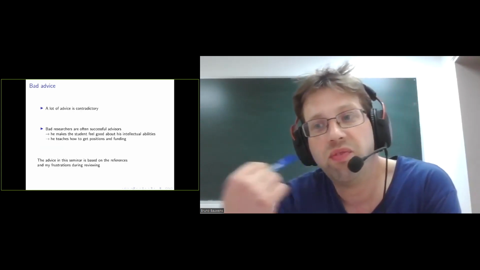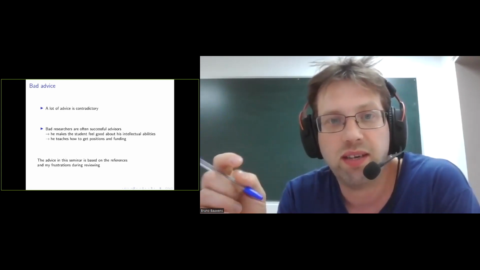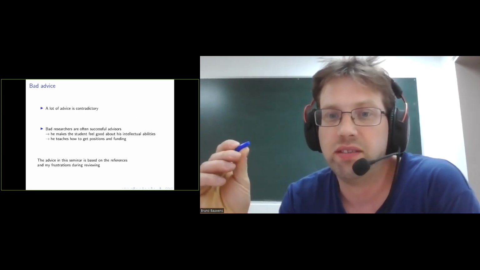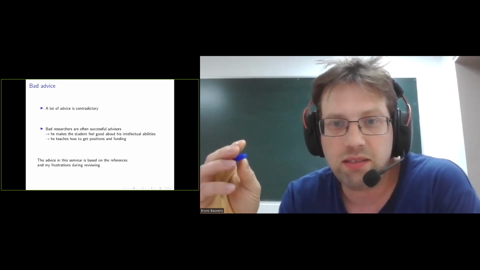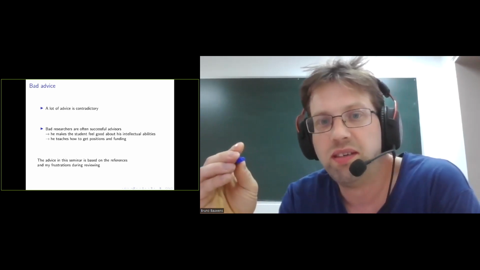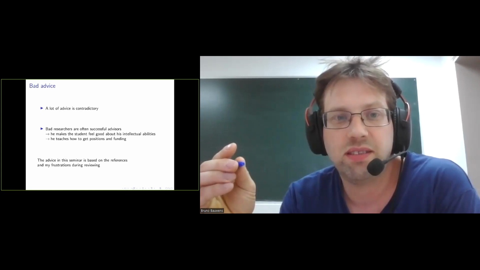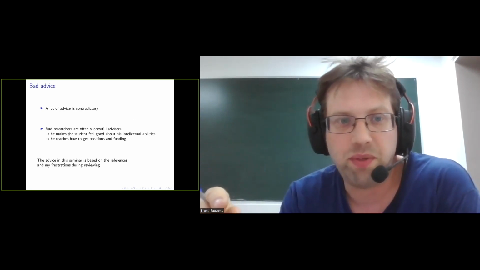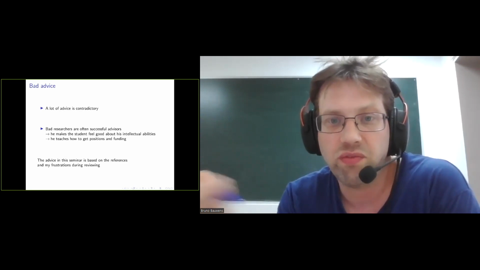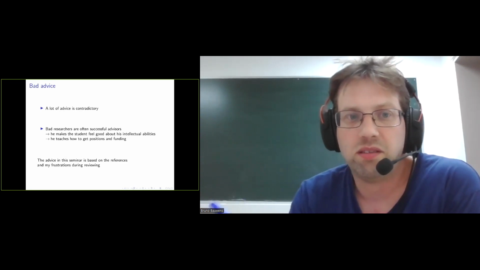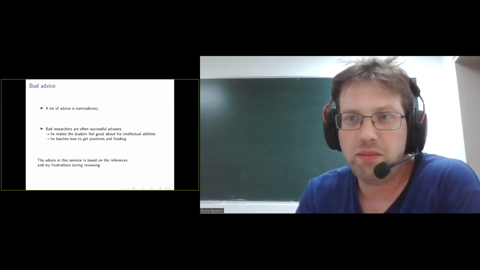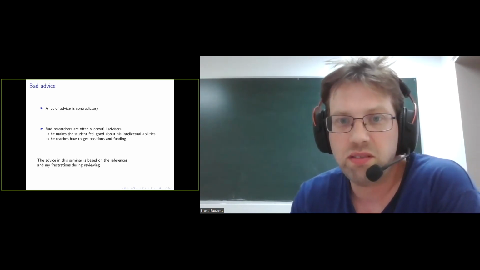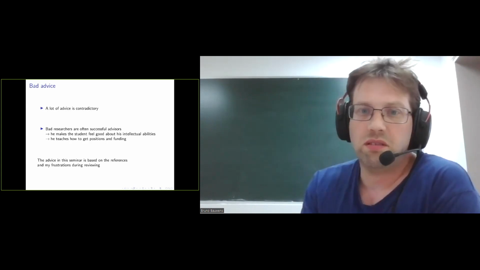If you start a career in math, you will get a lot of advice, especially from your advisor. But you should know that successful advisors are not necessarily successful researchers. My opinion is that sometimes there is a negative correlation. Bad researchers have many PhD students, because they actually prefer managing PhD students over research.